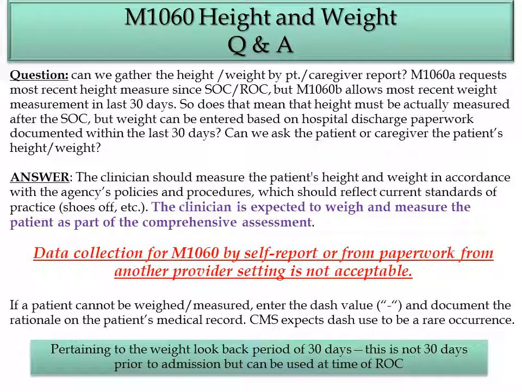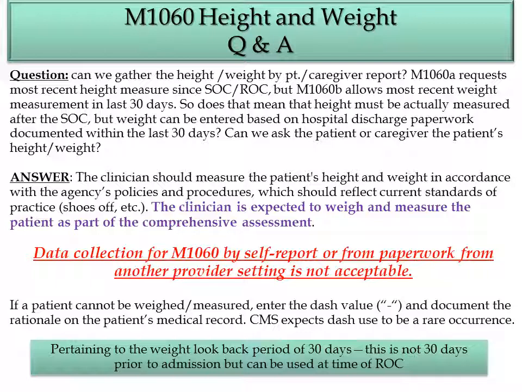And CMS says no. The clinician is expected to weigh and measure the patient as part of the comprehensive assessment. And it cannot be by self-report, and it cannot be from caregiver report. And it says to just enter the dash if you are unable to gather that information.